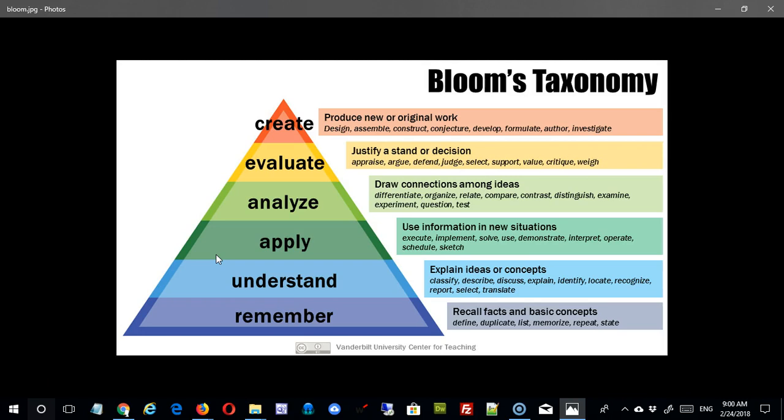The next level up is called comprehension, or in our diagram it's depicted as understanding. And this is the ability to do a little bit more with that knowledge. In other words, I could paraphrase it, I could explain it.